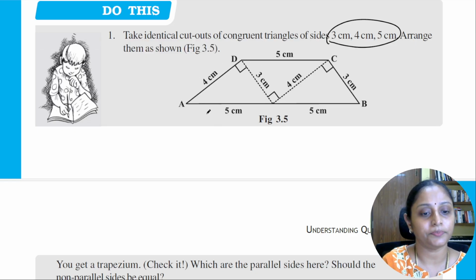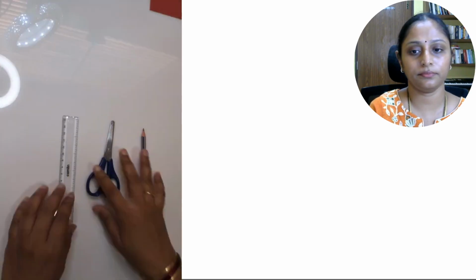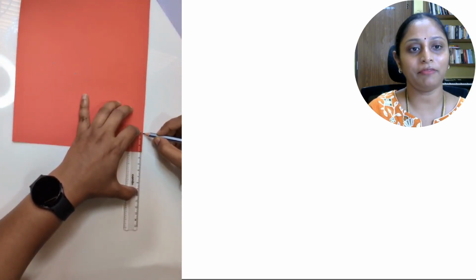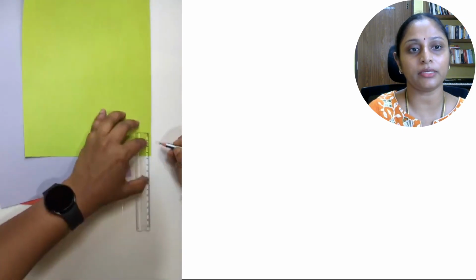Let us quickly look at these cutouts. Here you can see that I have taken 3 different colors and I am measuring 3 centimeters and 4 centimeters along the corner, because these form the right angle.